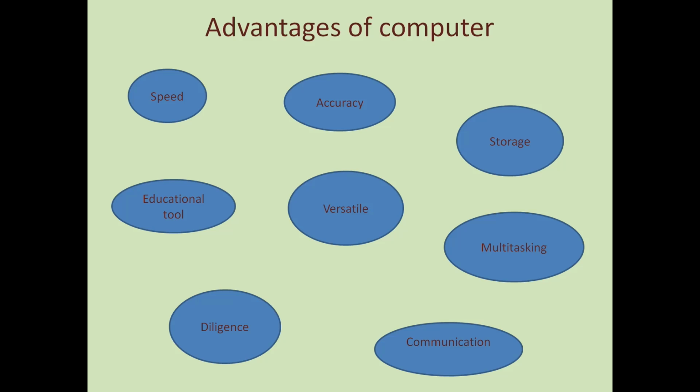In terms of storage, many organizations are now using computer to keep the records of their customers. Banks also use computer for maintaining their accounts, financial transactions, etc. In terms of multitasking and versatility, people are using computer for different applications.